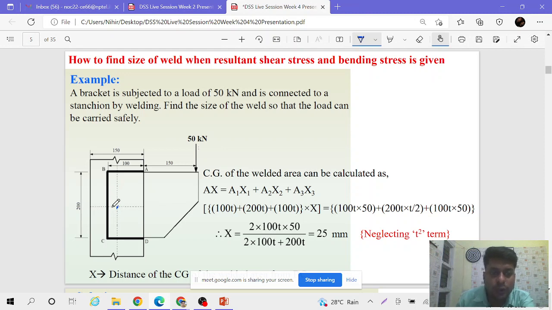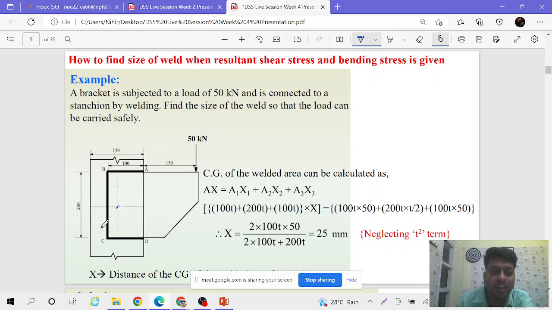We have to calculate this distance from face BC. What is the distance X? So for this, A into X means the total area of this entire channel section, and the CG of this entire channel section is at this blue dot, whose distance is denoted by capital X.